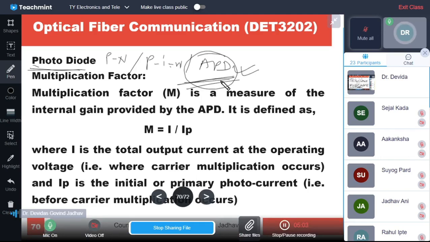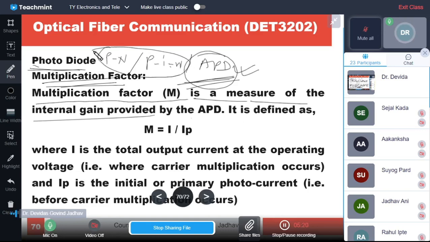So multiplication factor M is a measure of internal gain provided by APD, because PN and PIN are without internal gain and APD is with internal gain.